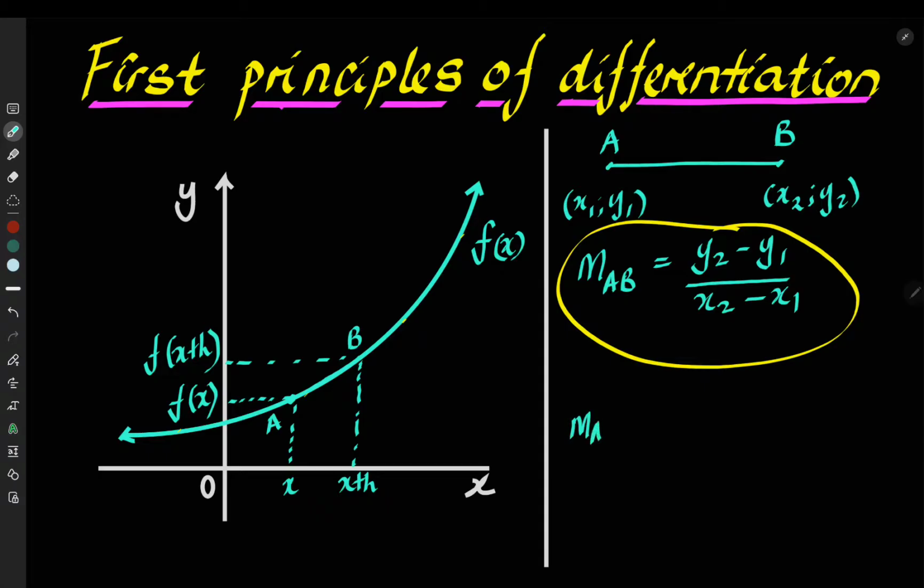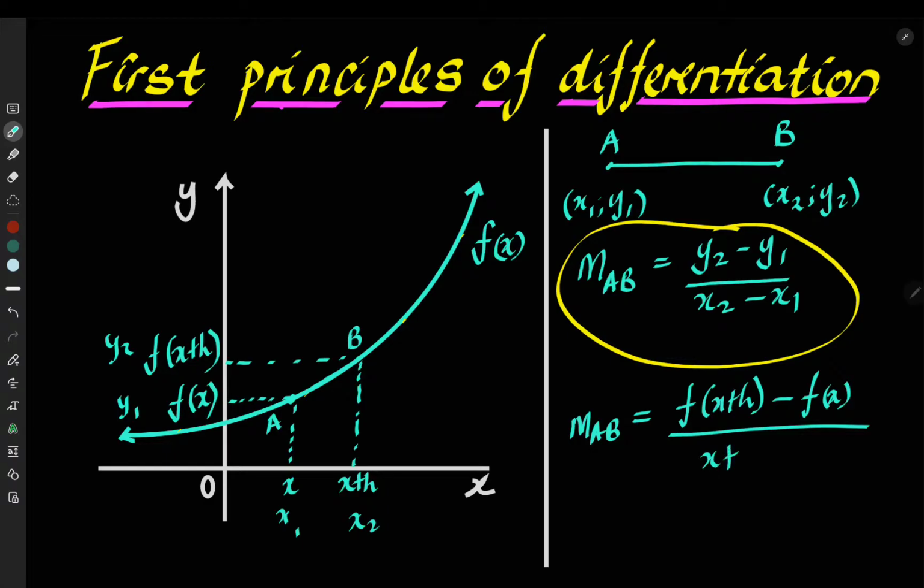Again, MAB from the curve will be equal to, so this will be your x2, and this is y2, then this is x1, and this is y1. So we can say this is equal to y2, which is the function of x plus h, minus y1, which is the function of x, divided by x2 minus x1, which is x plus h minus x.